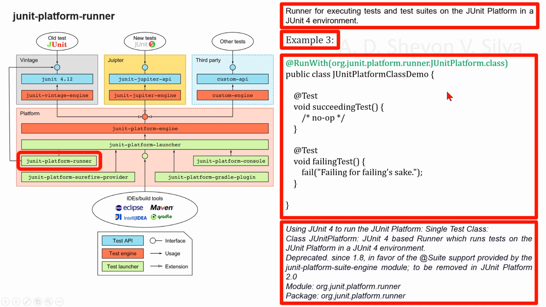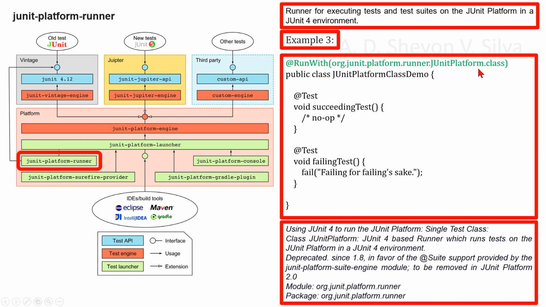Here, one way to use the JUnit platform runner is to annotate a test class with @RunWith(JUnitPlatform.class) directly.